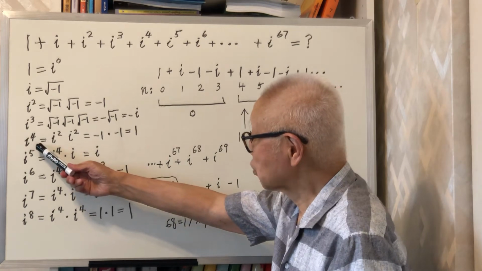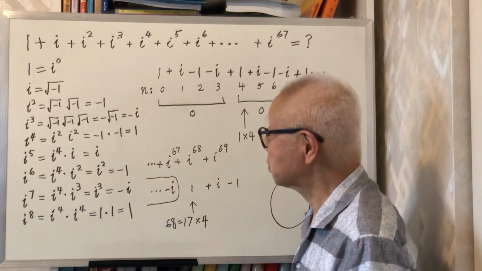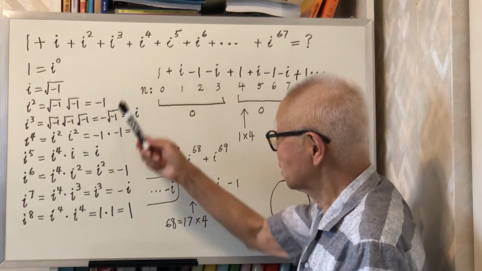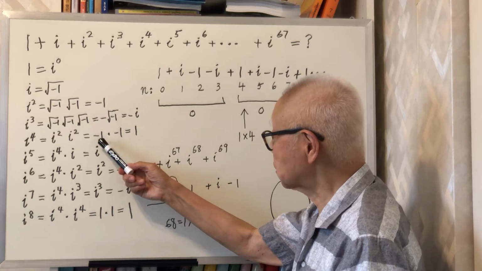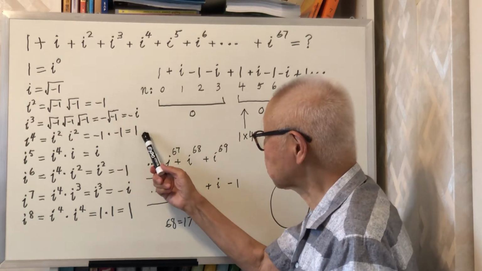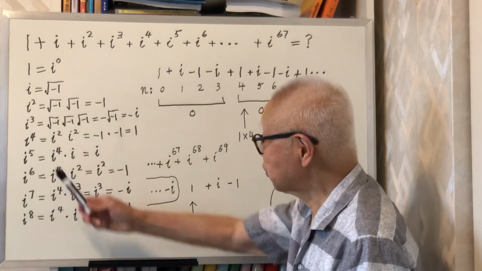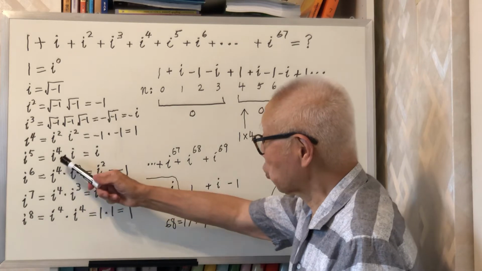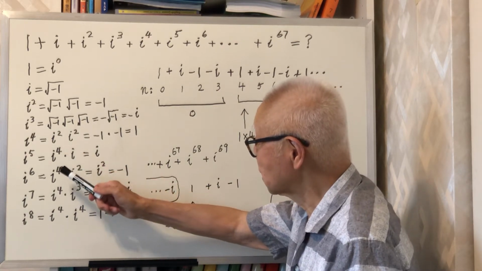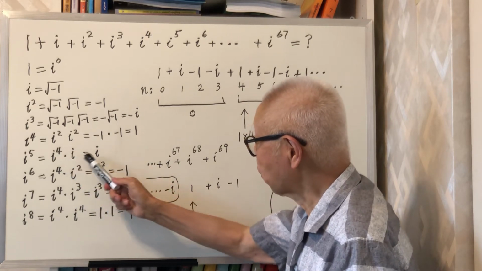What is i to the power 4? It's i squared times i squared. But i squared is -1, so this is -1 times -1, which is 1. i to the power 5 we can write as i to the power 4 times i, but i to the power 4 is 1. Therefore, this is i.